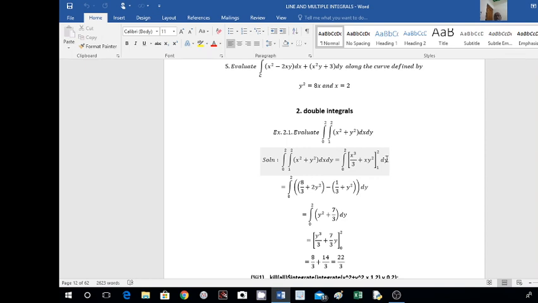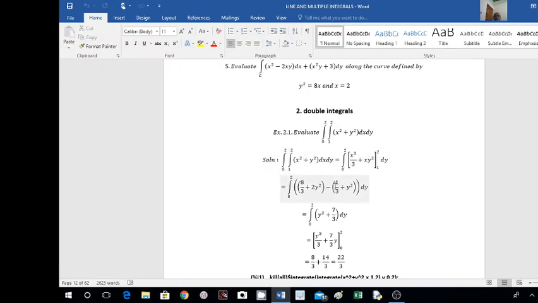Okay. Substituting the limits here. We have integrated with respect to x, therefore we have to put the limits for x. Upper limit is 2, lower limit is 1. Now, upper limit, if I put x equal to 2 here, we get 2 cube is 8 by 3 plus 2y square. This is the upper limit, minus.